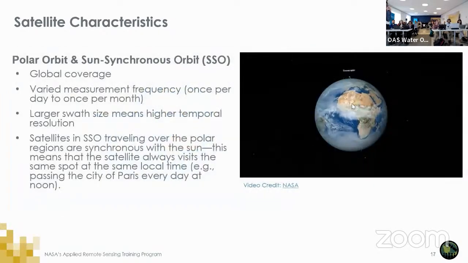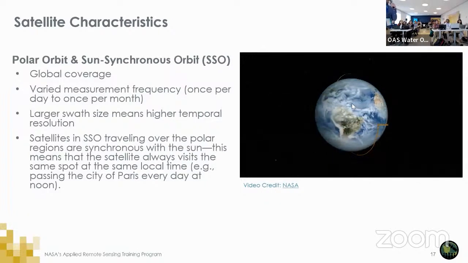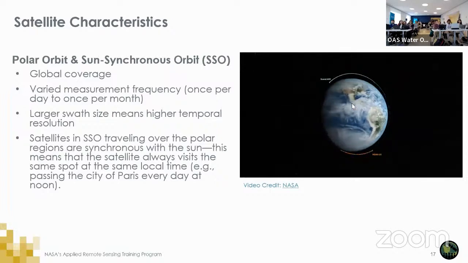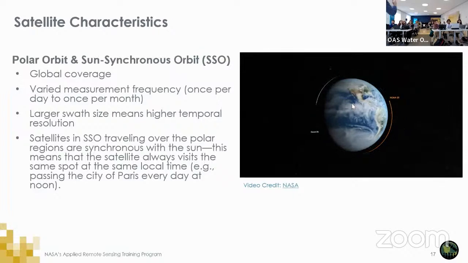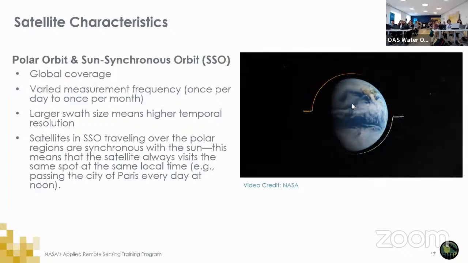So this is just repeating what I just said about polar orbiting. I'm also going to go into a little bit of detail on a sun synchronous orbit and why that's important. The good thing about a polar orbit is you're getting global coverage. And even though it says polar, it doesn't necessarily have to go right over the poles. It can be off in inclination by 20 degrees, and you're still going to be capturing global observations.